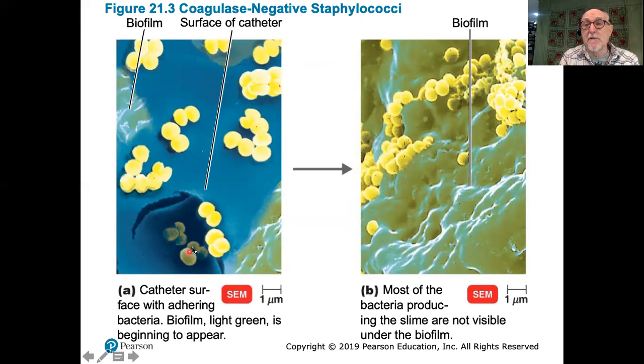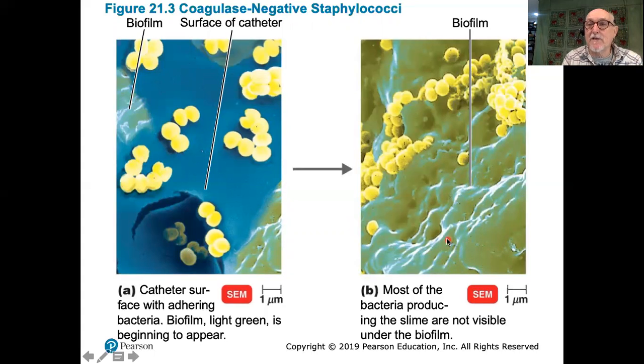So here are scanning electron micrographs of catheters. This is one which is relatively new, and you can see the surface of the catheter. But just lurking here in the corner, and shown more prominently here, this is what the biofilm looks like.